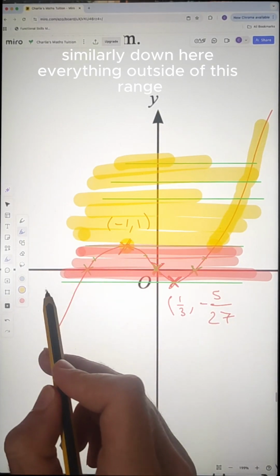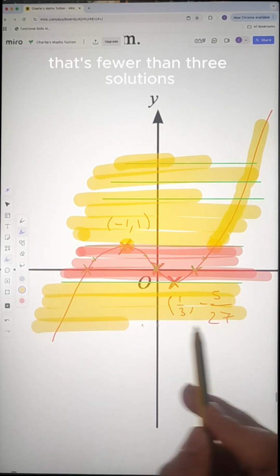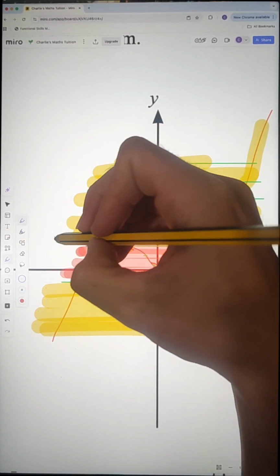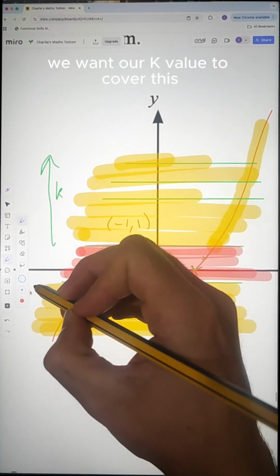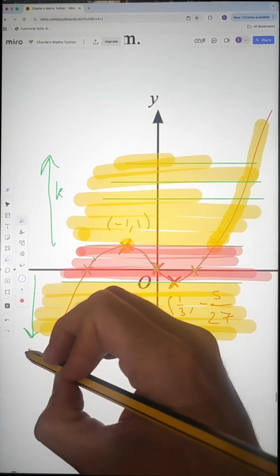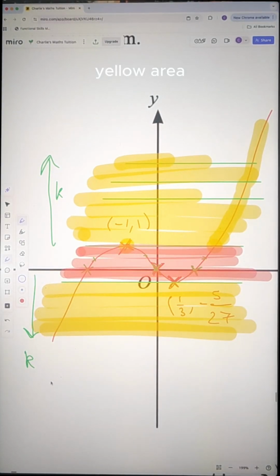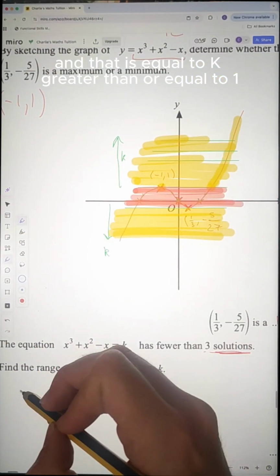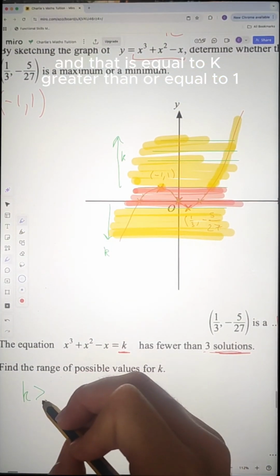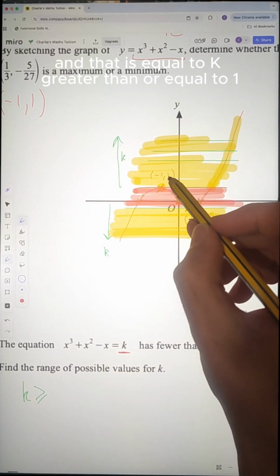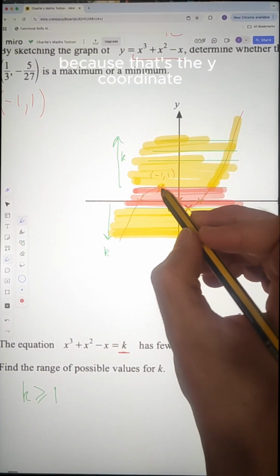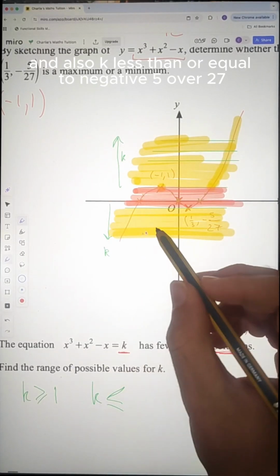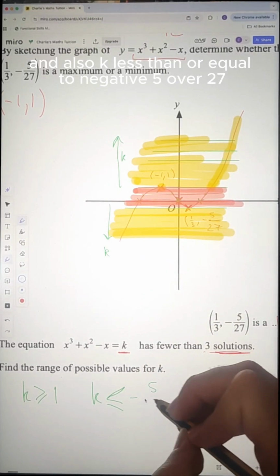Similarly, down here, everything outside of this range has fewer than 3 solutions. Okay, so that's the range that we want. We want our k value to cover this yellow area. And that is k greater than or equal to 1, because that's the y coordinate of our stationary point, and also k less than or equal to -5/27.